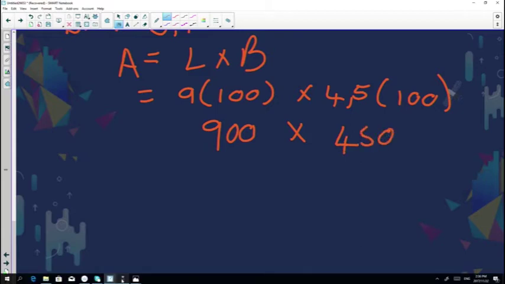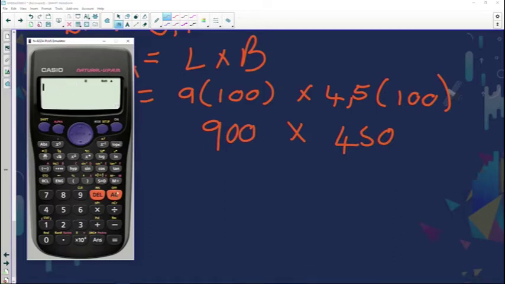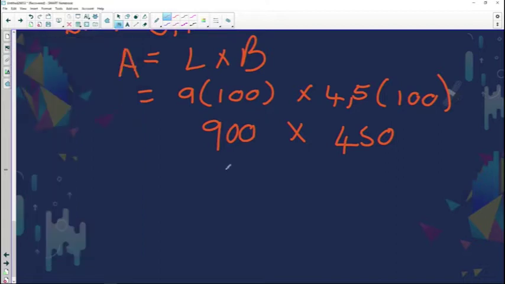And our final calculation to calculate area, 900 times 450 equals 405,000 square meters.